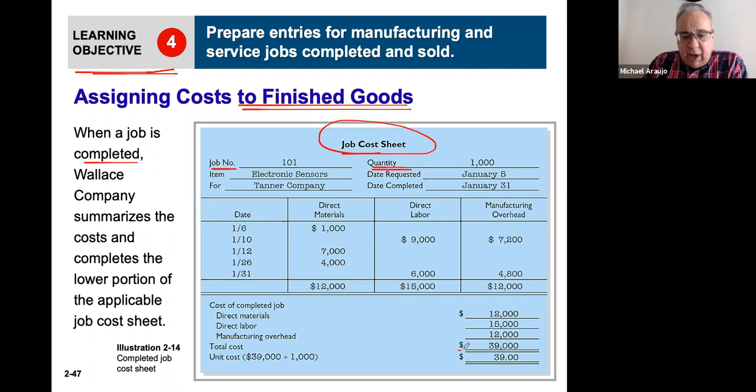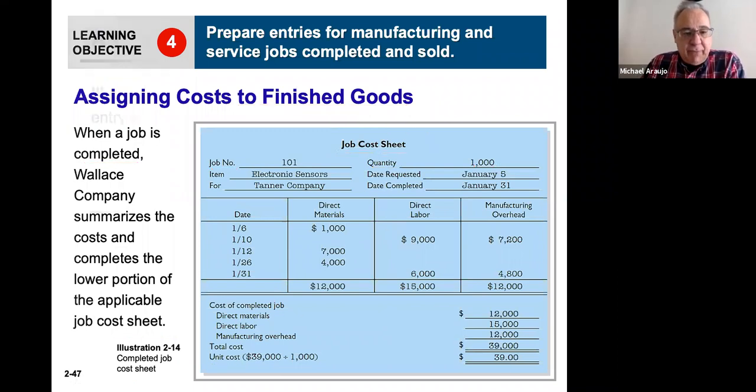So total of $39,000 of costs to create 1,000 of whatever this was in this job. So each unit costs $39 for each unit there. So this is what a completed job cost sheet looks like. And this is something that you should be able to read by studying this.